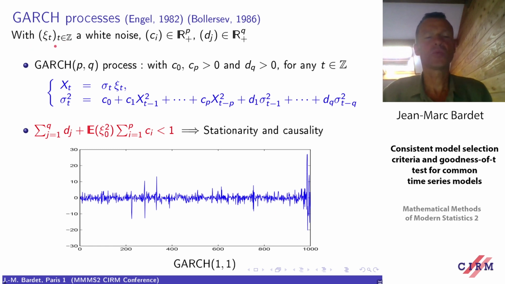So still with a white noise, we consider two families of real numbers, c_i and d_j, and a GARCH(p,q) process will be defined this way. You have Xt equal to sigma_t times the white noise, and sigma_t is defined by recurrence relationships.